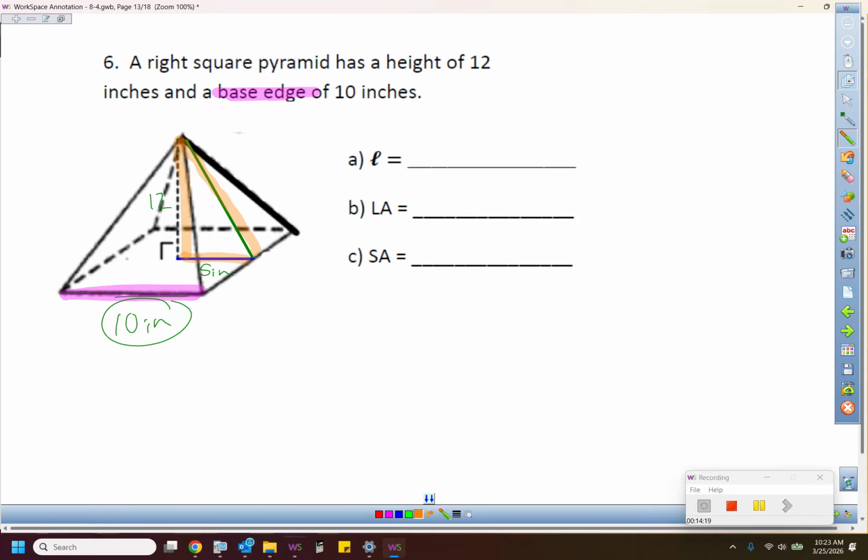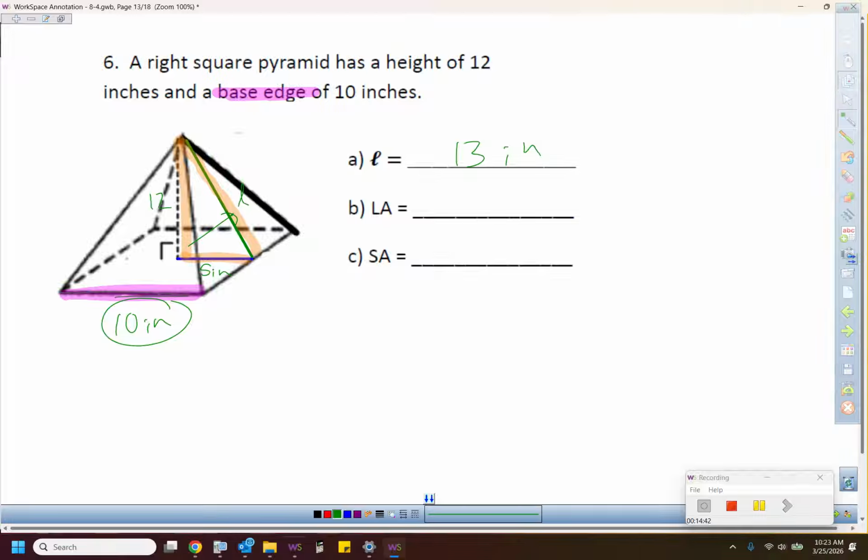We keep getting right triangles to show up in all of these pictures. I have a leg of 5 and a leg of 12, and they are asking me to find that slant height, which is the hypotenuse of this. 5, 12, what? 13. That is the third most popular triple around, so 13 inches. That is the hypotenuse of this triangle.